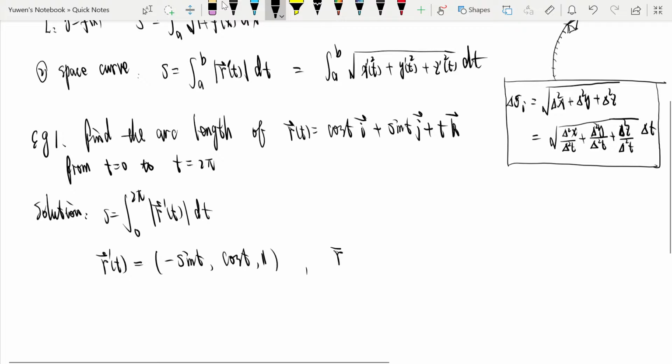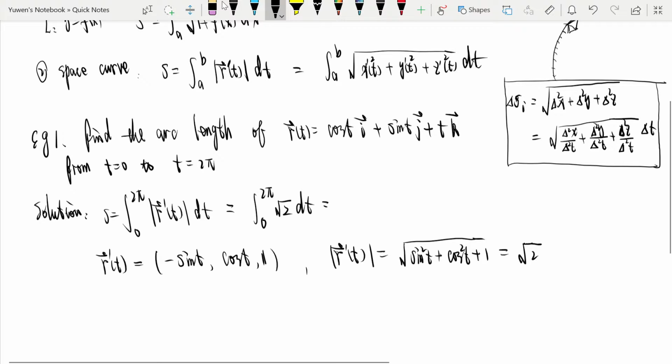So the length of the derivative is the square root of sine squared t plus cosine squared t plus 1, and the result is square root 2. The arc length is the integral from 0 to 2 pi of square root 2 dt. So that is 2 square root 2 pi, as the arc length.